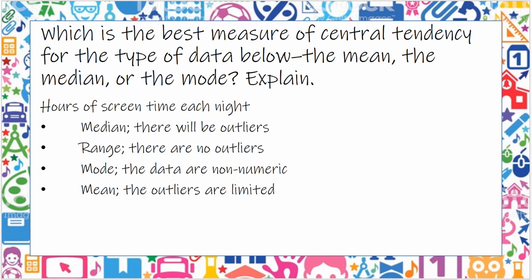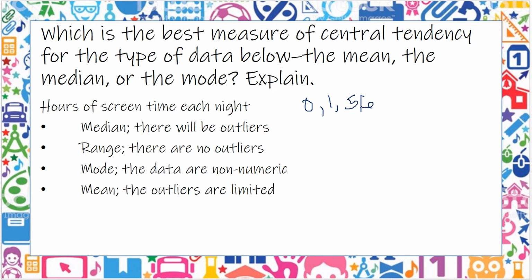Okay, which is the best measure of central tendency for the type of data below? The mean, median, or mode? So hours of screen time each night. Well, for this one, some people may have 0. Some may have 1. Some may have 6.